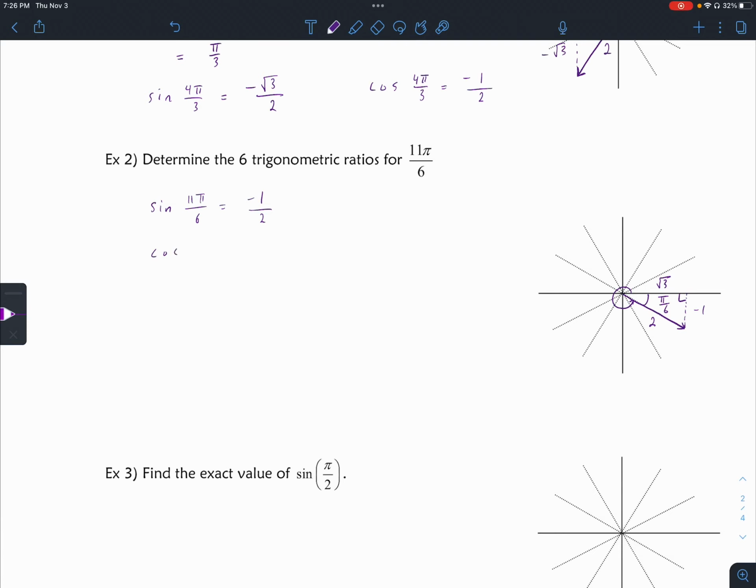Then we go on to cosine of 11 pi over 6. And so that's adjacent over hypotenuse. So root 3 over 2. Then tangent of 11 pi over 6.